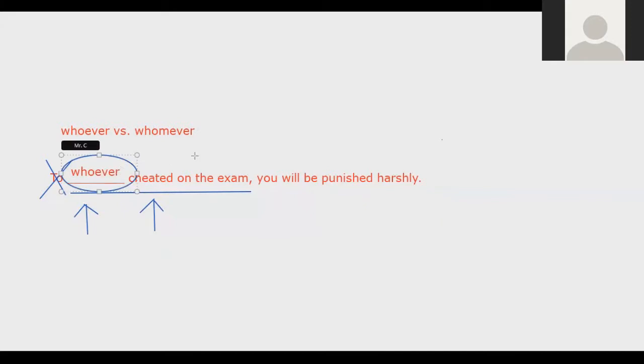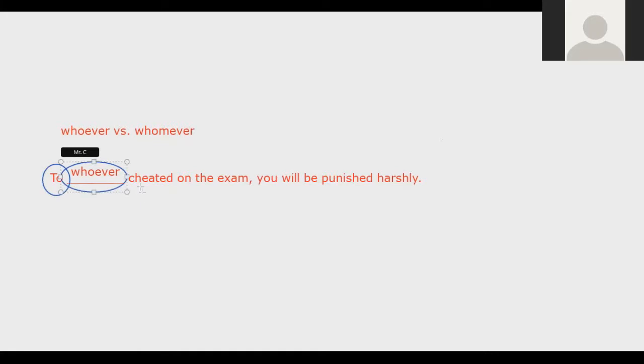But then you're wondering, okay, but there's a preposition. And didn't you say that any pronoun that follows a preposition needs to be in the objective case? Yes. But you need to look at the bigger picture here, because the object of the preposition to here is not just whoever.